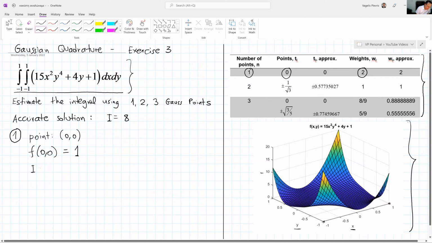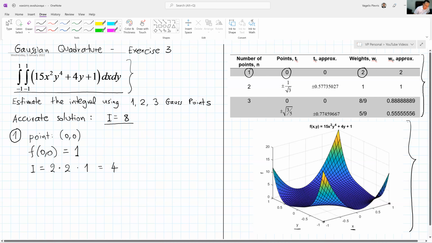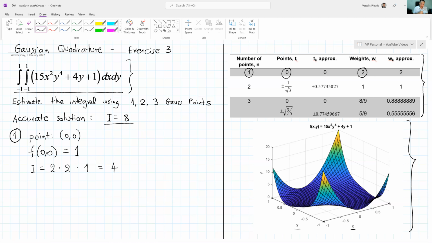So my first approximation I is 2, which is the weight in one direction, times 2, the weight in the other direction, times 1, which means that the approximation is 4. So using one Gauss point, I end up with the value of 4 as an approximation, but as you see here, the accurate solution is in fact 8. So I can see that this approximation using only one Gauss point is not so good.